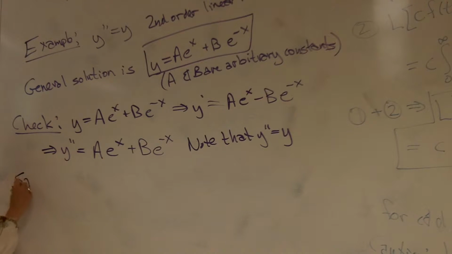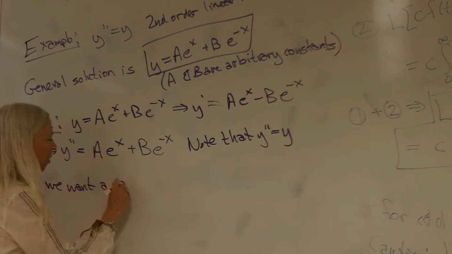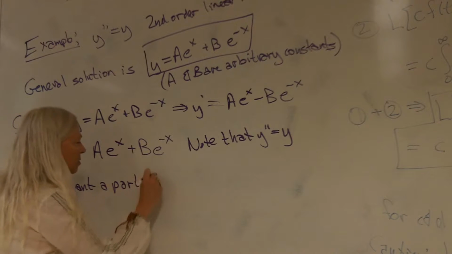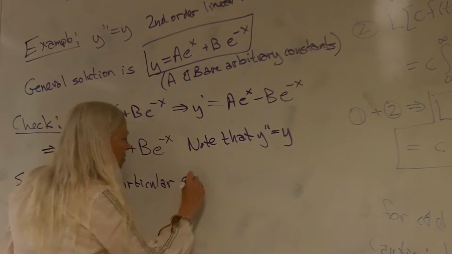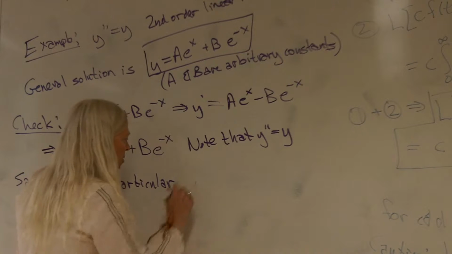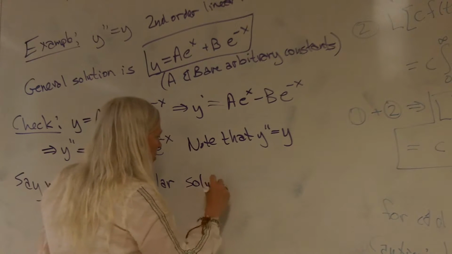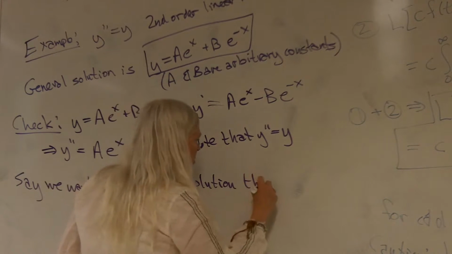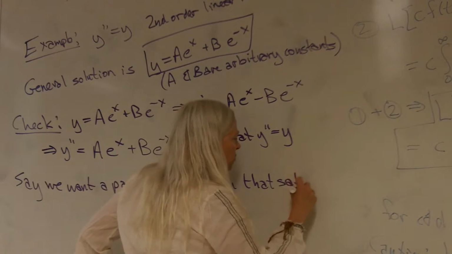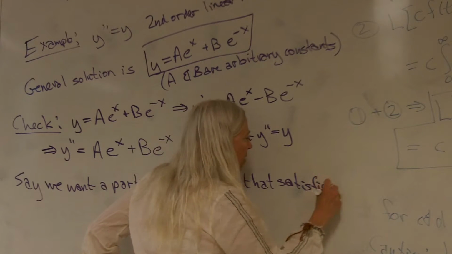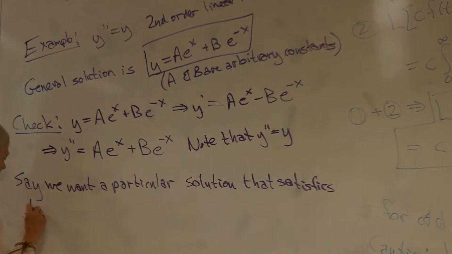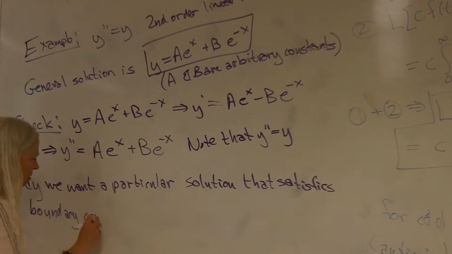But let's say, just as an example of what I was talking about here, that we want a particular solution to this differential equation that satisfies, in addition to satisfying the differential equation, some boundary conditions.